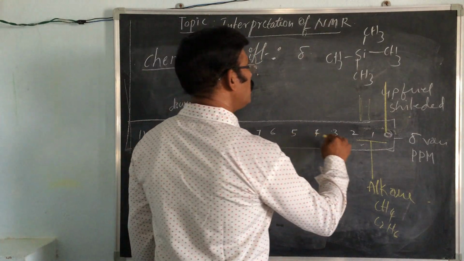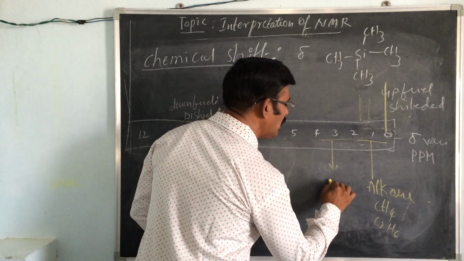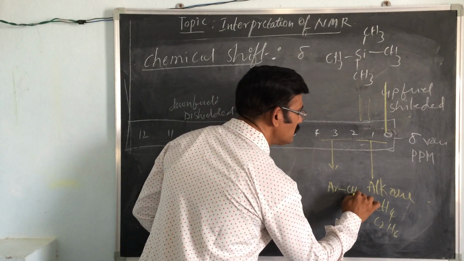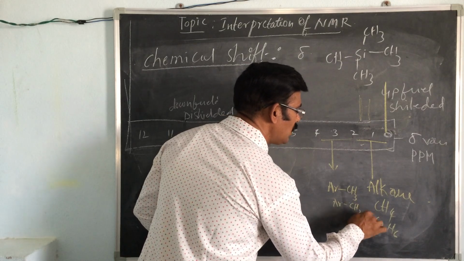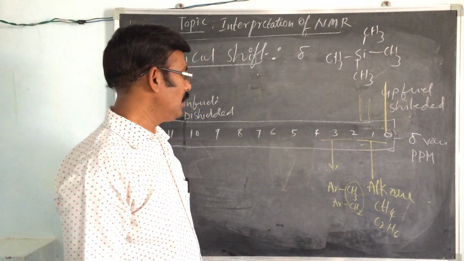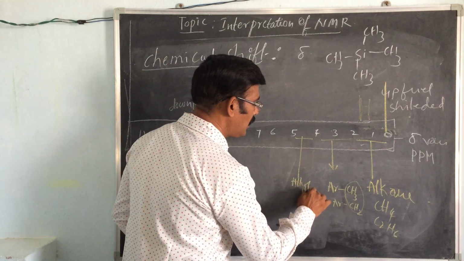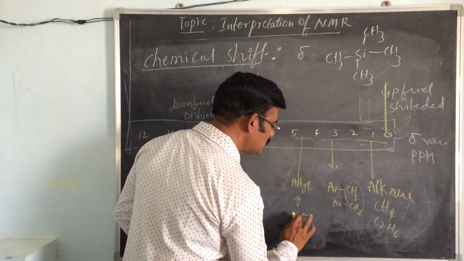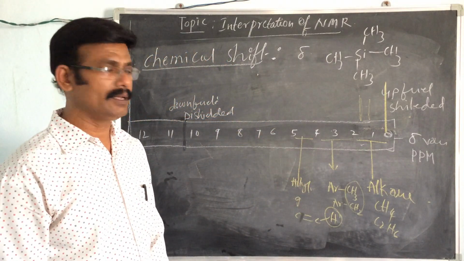And 2 to 4, the aryl methyl, meaning aromatic CH3 or aromatic CH2. This type of protons appear at 2 to 4. And 4 to 5, allyl groups. Allyl compound means double bond CH, C double bond CH. This type of protons are at 4 to 5.